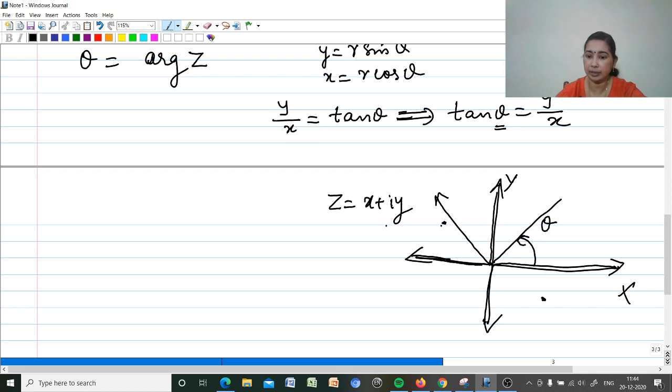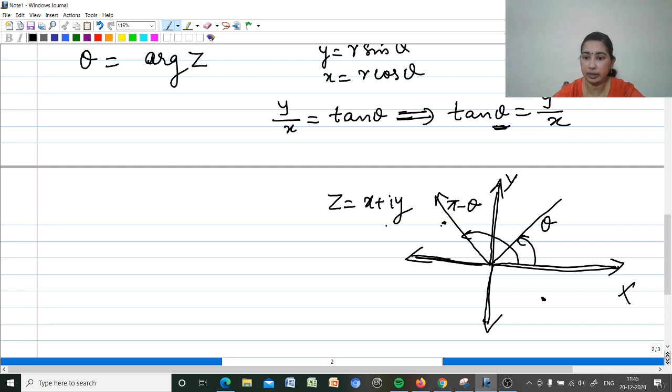Till here it is pi, so you have to take this angle as pi minus theta. So in the second quadrant we always take pi minus theta. Whatever angle you have got here, we have to take pi minus that angle if the complex number is in the second quadrant.